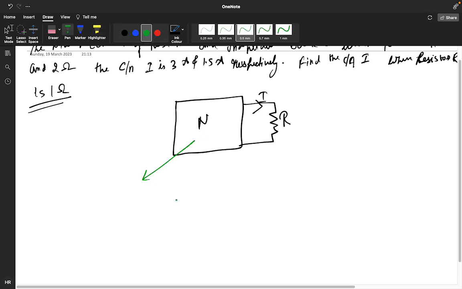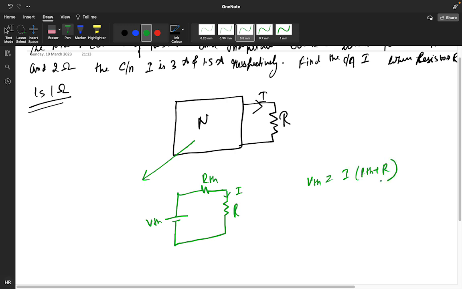This network will have some VTH and some RTH, Thevenin's. So this network can be placed like this: VTH, RTH, and you have R, and the current is I. So what equation will you get? VTH is equal to I into (RTH plus R).